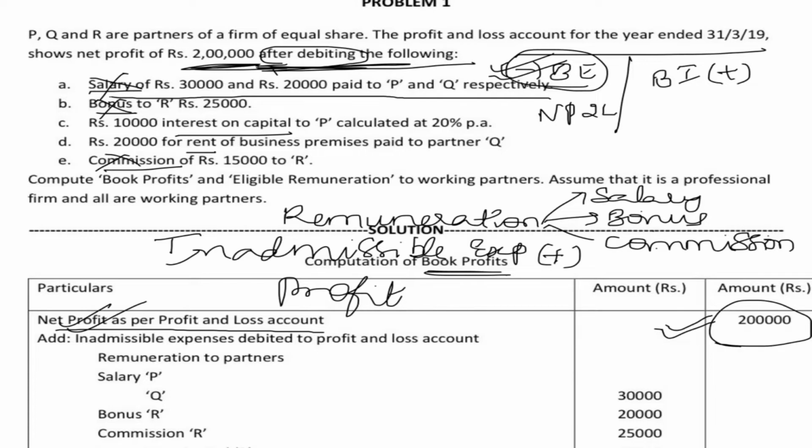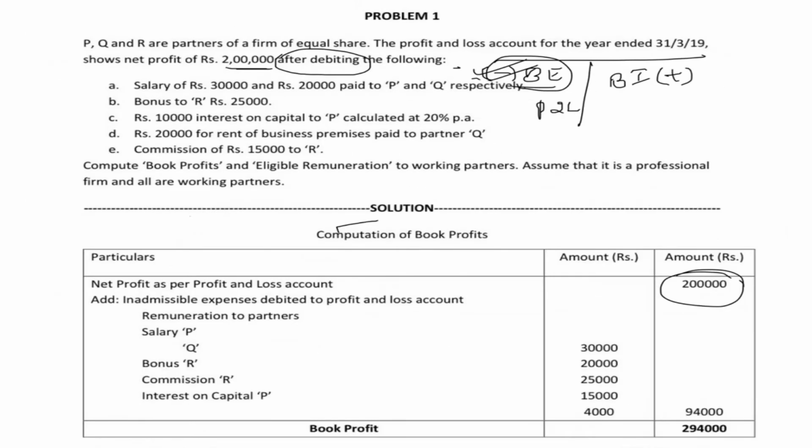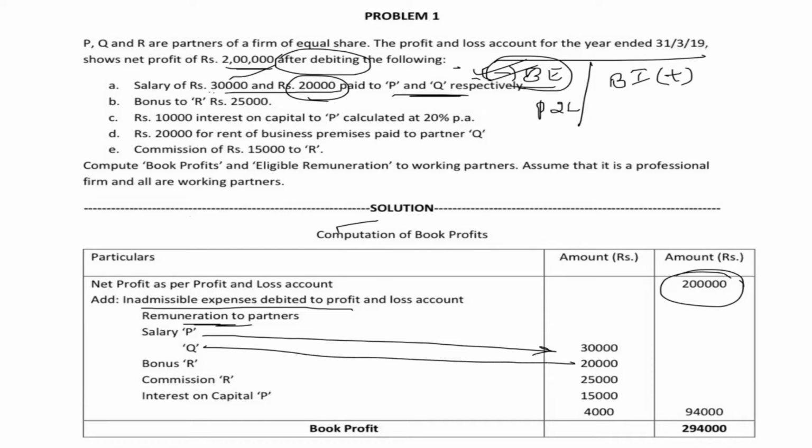So we will add back the deducted value to the net profit to get proper book profit. So salary of rupees 30,000 and 20,000, which is paid to P and Q respectively, will be added back as inadmissible expense under the head remuneration to partner. Partner P is given 30,000 and partner Q is given 20,000, so it is added back to the net profit to get proper book profit.